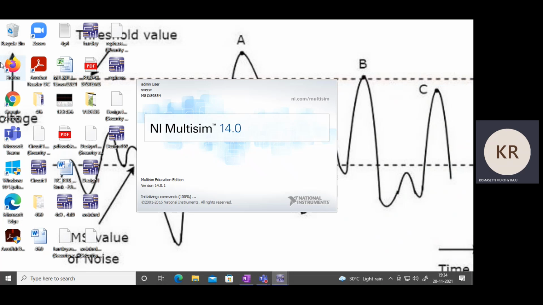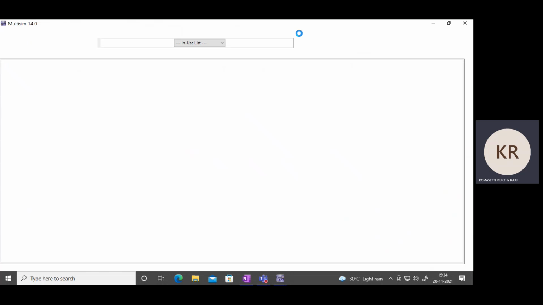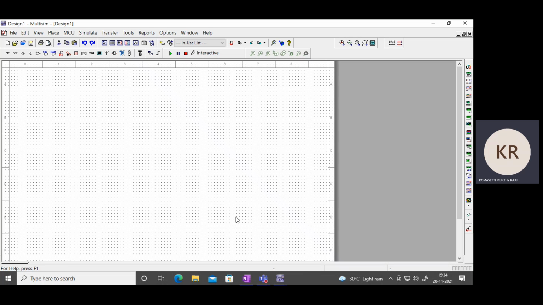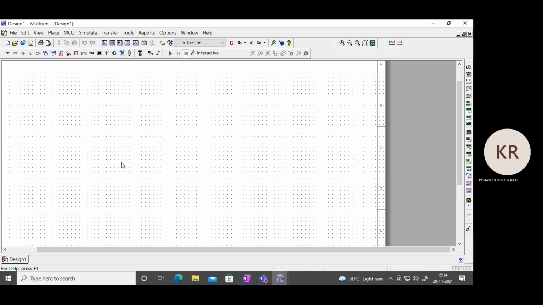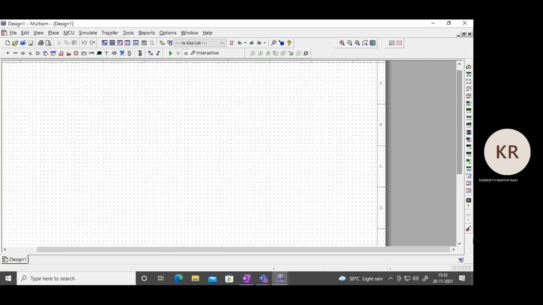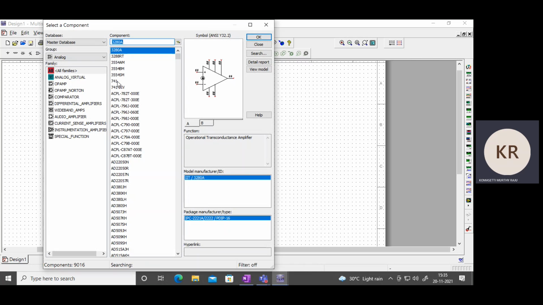First of all, the initial stage is to pick up the elements. Some place analog option is there. Click on the place analog option and select 741 IC and OK.